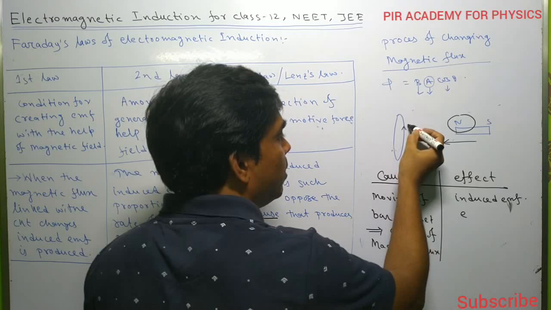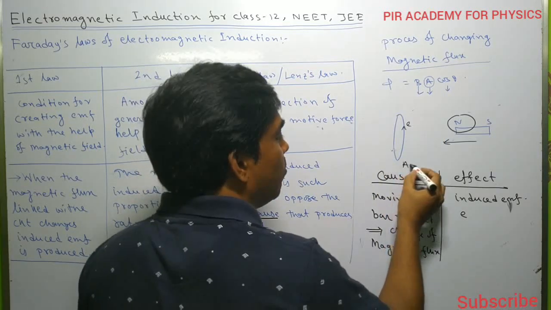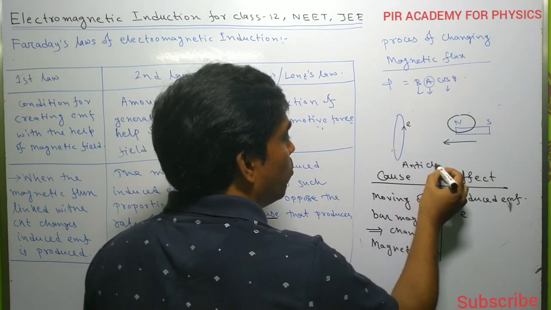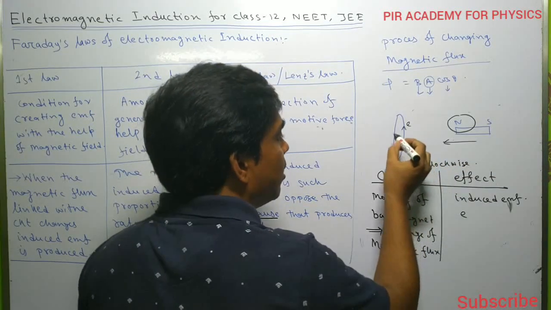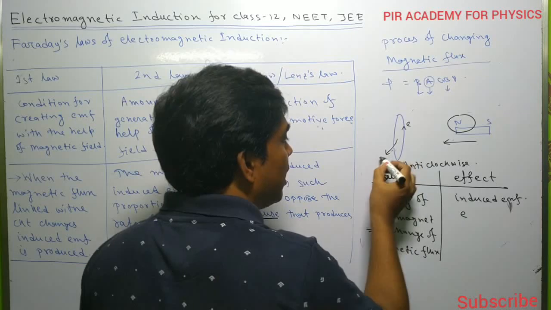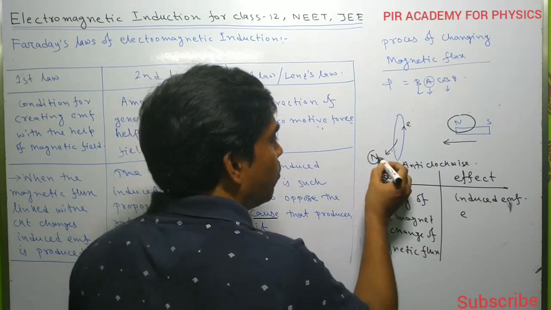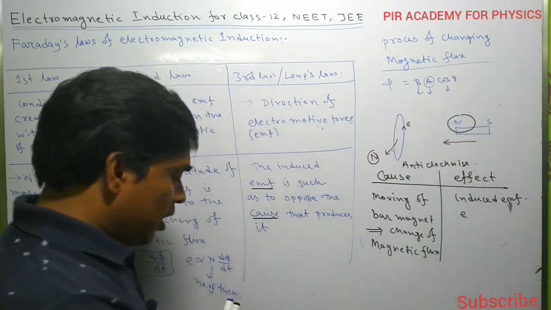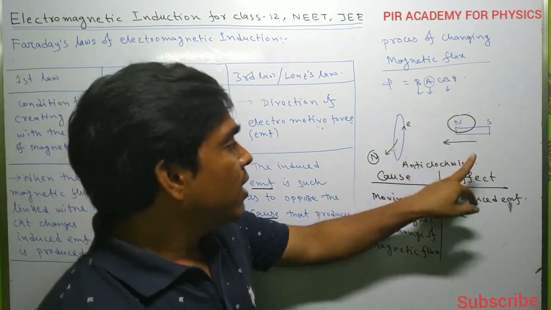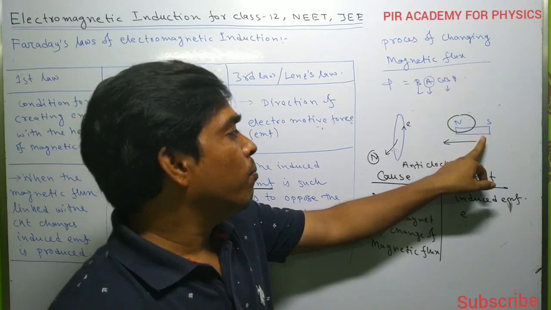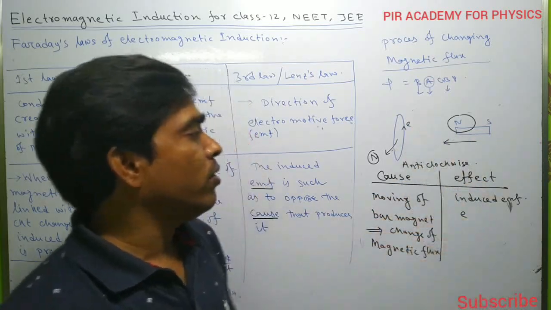That means the current will be anti-clockwise, so that this loop behaves like an N pole, and N poles repel each other. So the further movement of this bar magnet will be opposed.